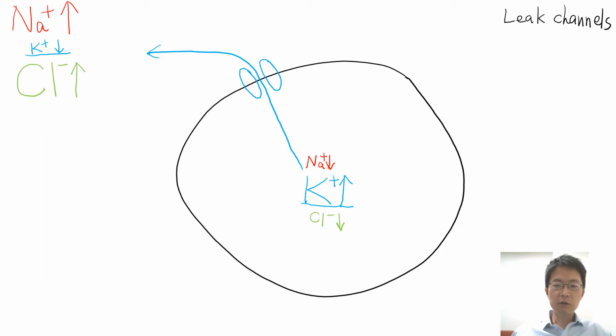But as it goes outside, it won't go very far away, okay? Because diffusion does not need energy, the potassium ions will just go outside and deposit on the cell membrane nearby.